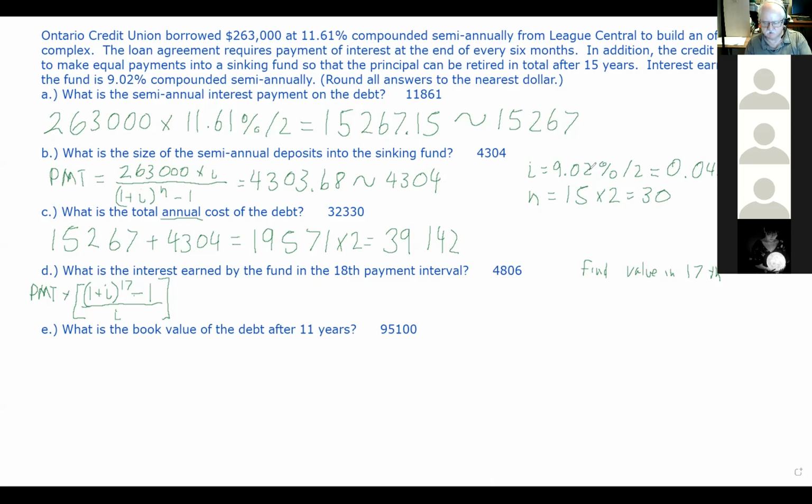Y to the X 17, minus 1, then divided by recall 1, and then times the payment, which we decided was the 4,304.